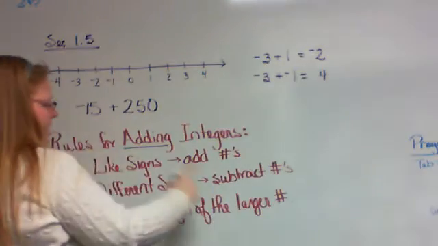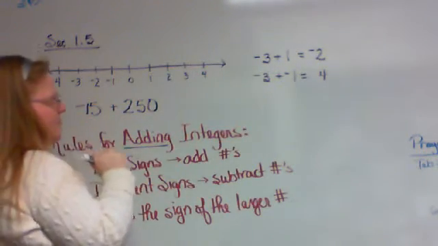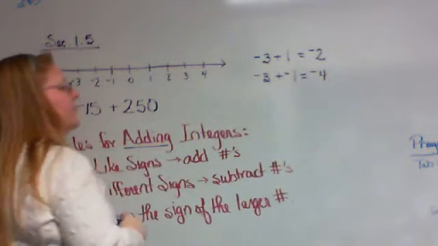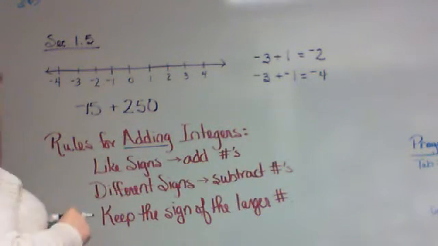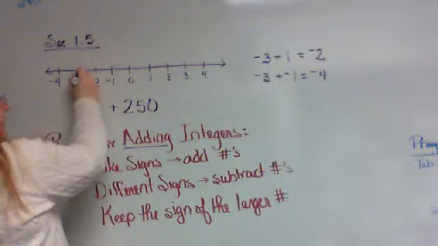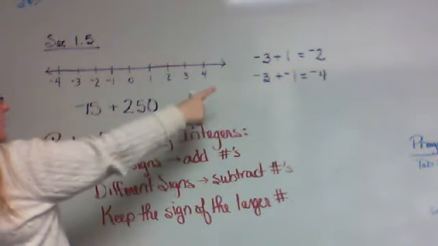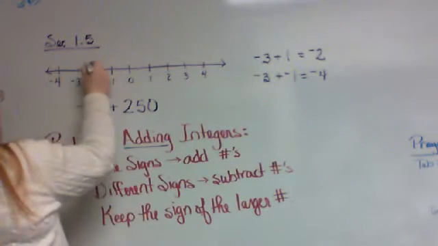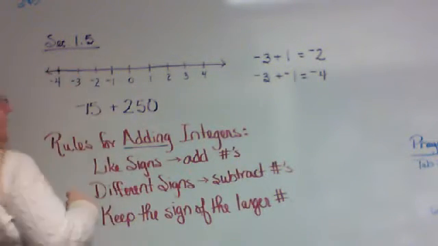And then we keep the sign of the larger number. So 3 is still my larger number and it was negative, so that makes that negative. If I were to do it up here, start at negative 3, and then I'd have to go in the negative direction because it's minus 1. That puts me at negative 4.